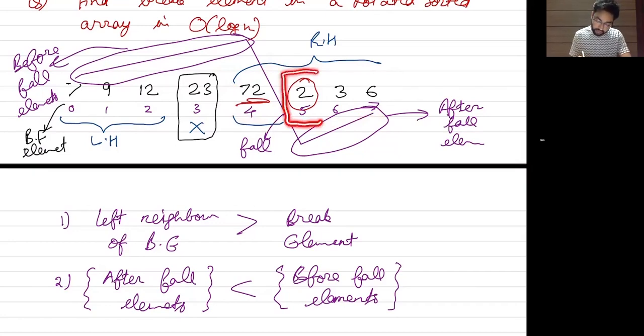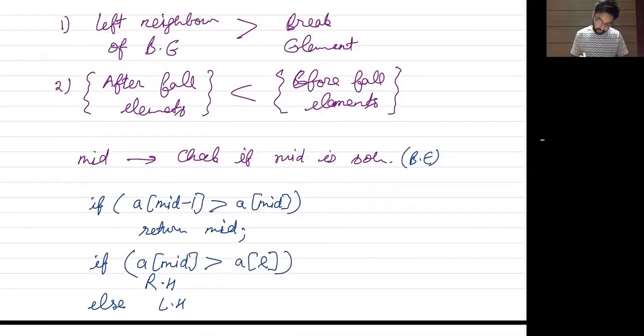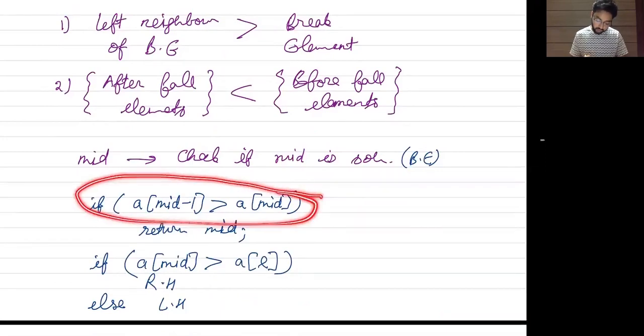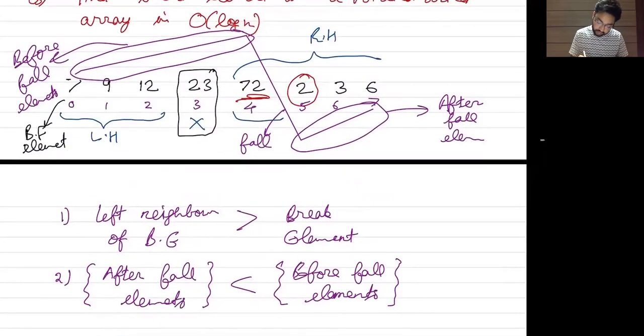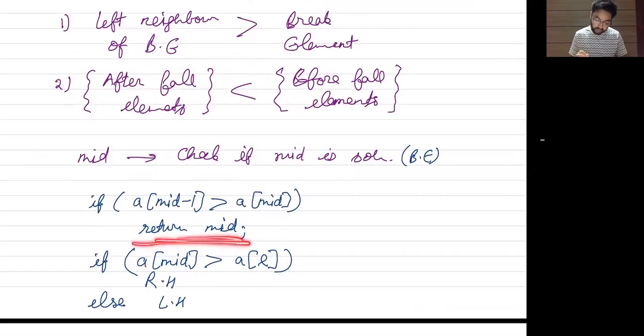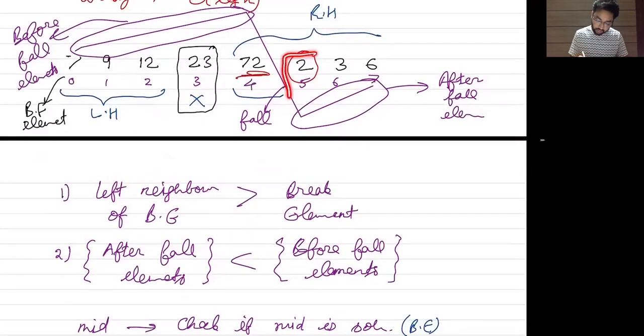And the element at this mid is 2. So now we check if mid is the solution or not. For that, we check the left neighbor, which is greater than 2 in this case. So we return mid as the answer, which is element 2 or index 5, right?